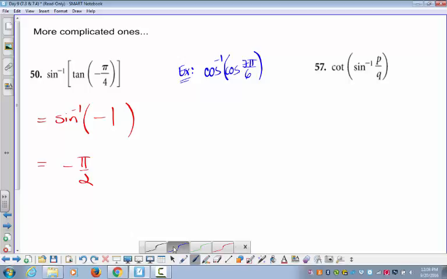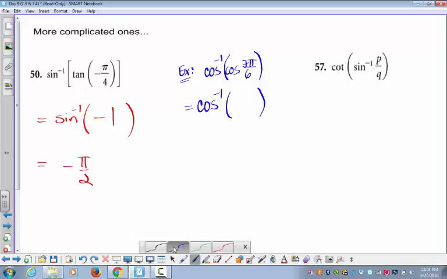We know that those can't just cancel, because the outside function is inverse cosine. We know that lives on the top half of the unit circle. That angle's not on the top half of the unit circle. So no freshman dream there of just erasing and getting 7 pi over 6. All right, but we can evaluate very easily, and there's a ton of symmetry that's going to happen here.